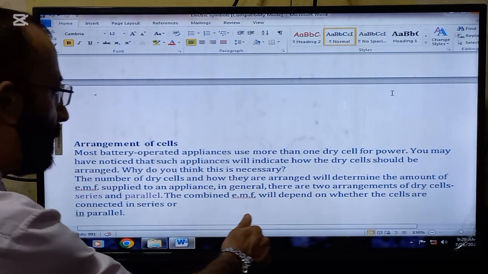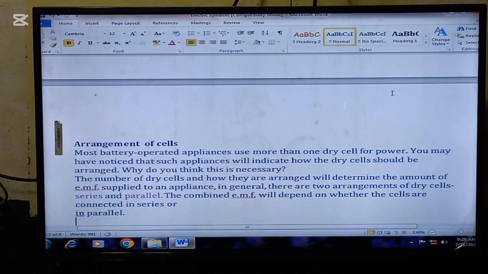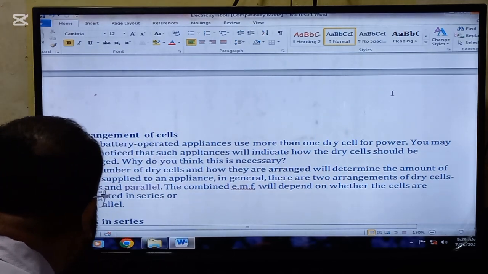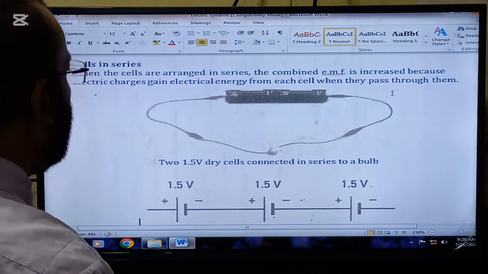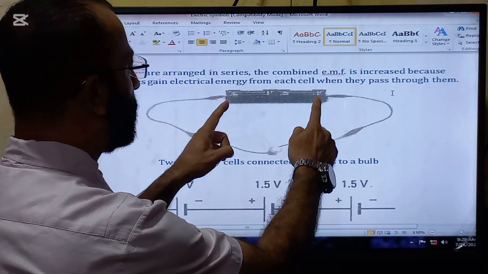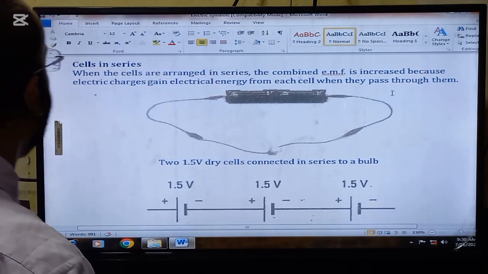The combined EMF will depend on whether the cells are connected in series or in parallel. So look now. Here is an electrical appliance in which cells are arranged in series.